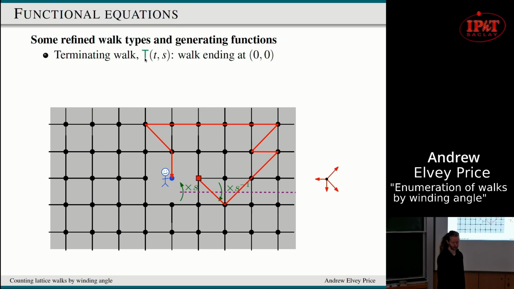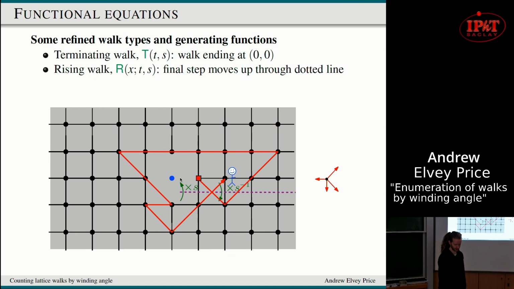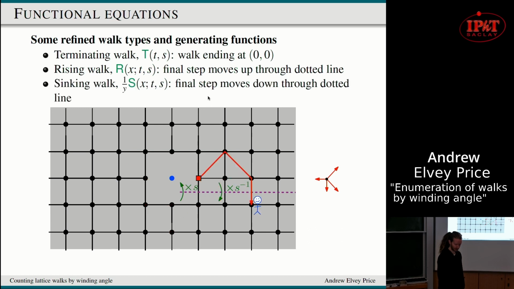First is the series T, which counts terminating walks, that is walks that end at the blue point, where we allow them to go to the blue point, but only at the end. Then R, which is rising walks: walks whose last step passes up through this purple dotted line, where we have the factor of S. And then sinking walks, which are walks whose final step goes down through this line.